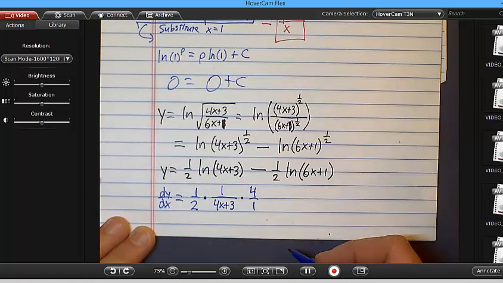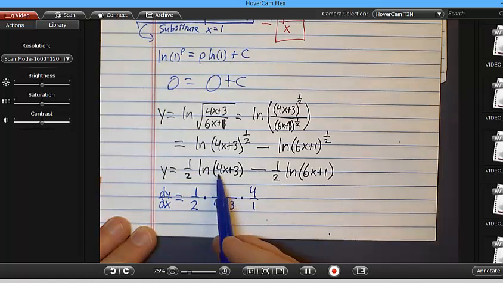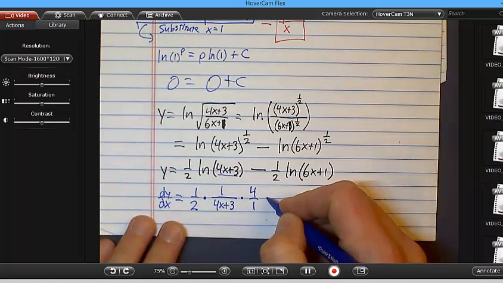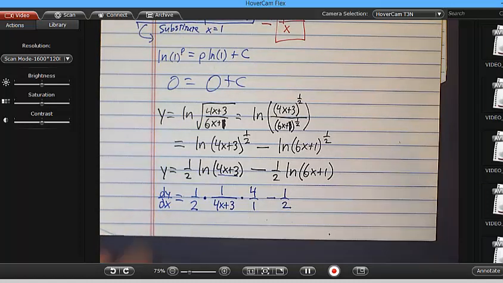I wrote it as 4 over 1 because I'm going to simplify it eventually. But are you guys with me on this? The reason I multiply by 4 is because I have to multiply by the derivative of what's inside. That's the chain rule. Here, you guys try the other piece. So minus 1/2. See if you can write down what the rest of the derivative is for this problem.